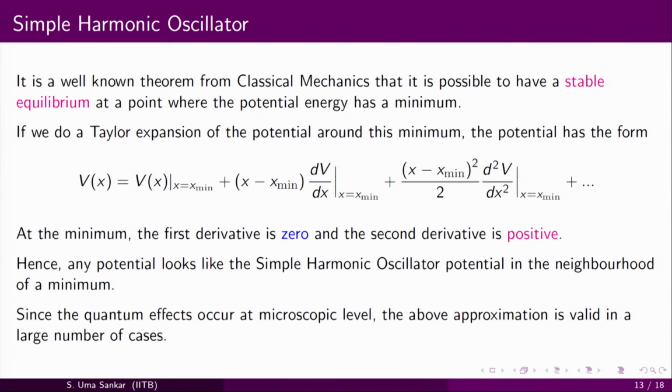Well, let us assume that I have a potential which has a minimum, and I do a Taylor expansion of this potential around the minimum. When I do that, the potential has the form: value of the potential at the minimum, which is a constant, and you know that if I change a potential by a constant, the dynamics does not change. That constant potential has no role.